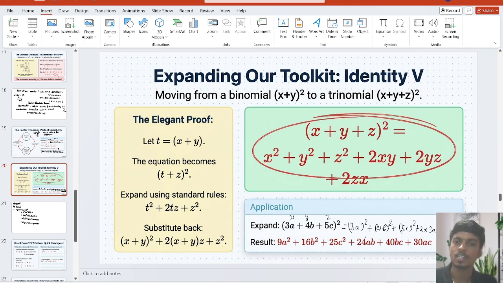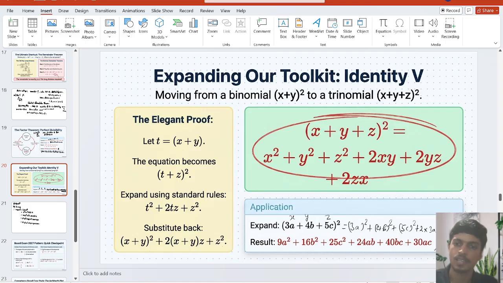Simplified, you get 9a square plus 16b square plus 25c square plus 2 into 3 into 4, 24ab, plus 2 into 4 into 5, 40bc, plus 2 into 5 into 3, 30ac.